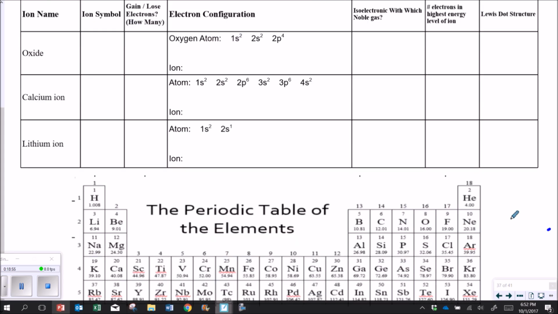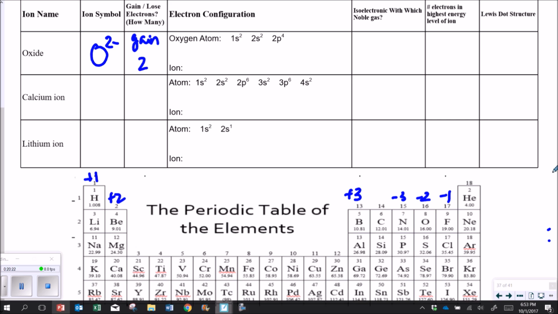Remember that the pattern for the charges for ions on the periodic table go +1, +2, +3, -3, -2, -1. So if we look at oxide, the ion symbol will be O with a -2. That means it gained 2 electrons.